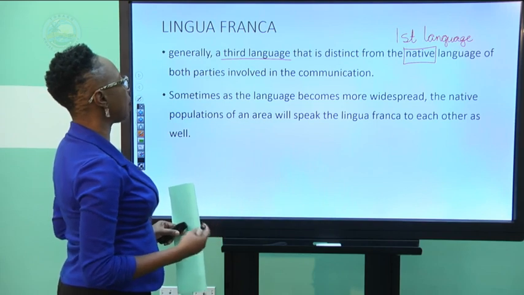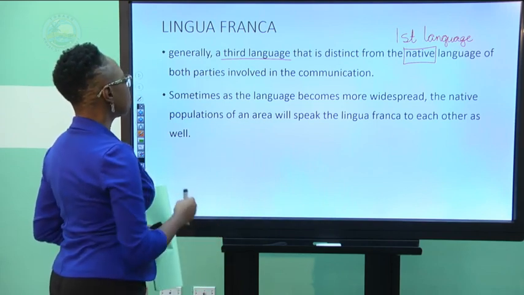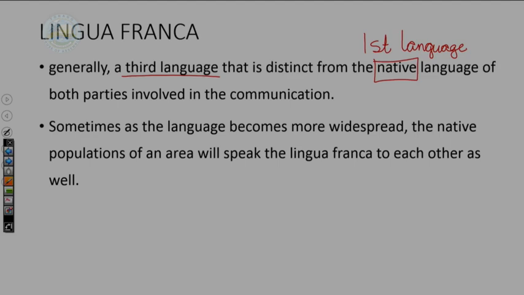Sometimes as the language becomes more widespread, the native populations of an area will speak the lingua franca to each other as well. And this is something that has happened historically.